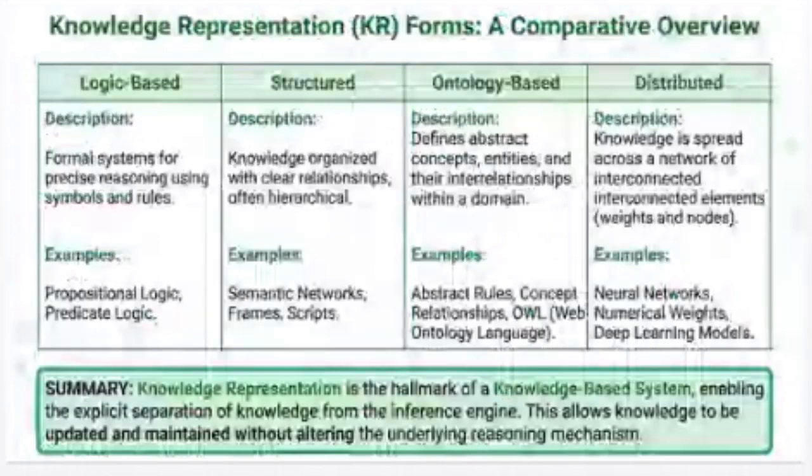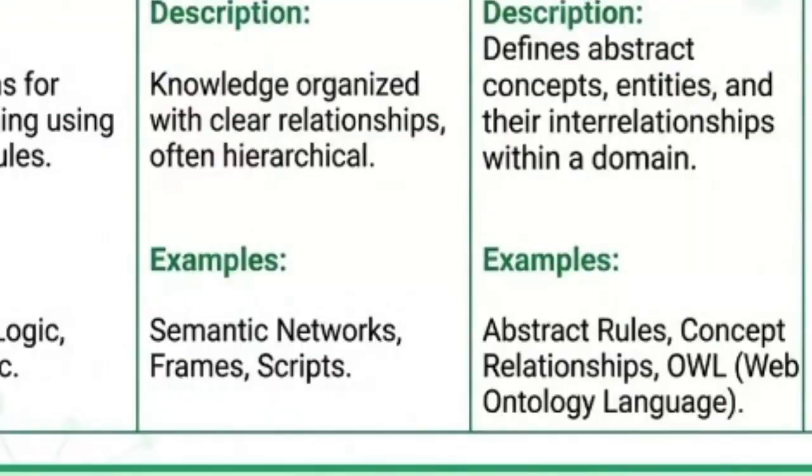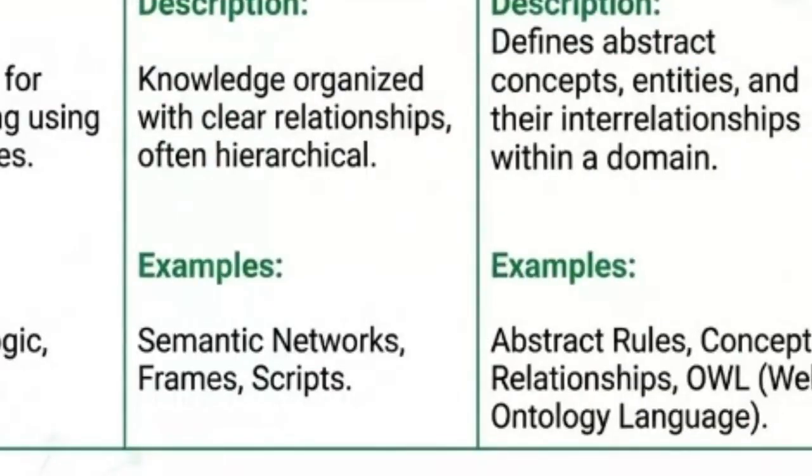So basically, knowledge systems have various ways in which they structure information. There are four basic ways. The first one is logic-based systems. They have formal systems for precise reasoning, using symbols and rules.